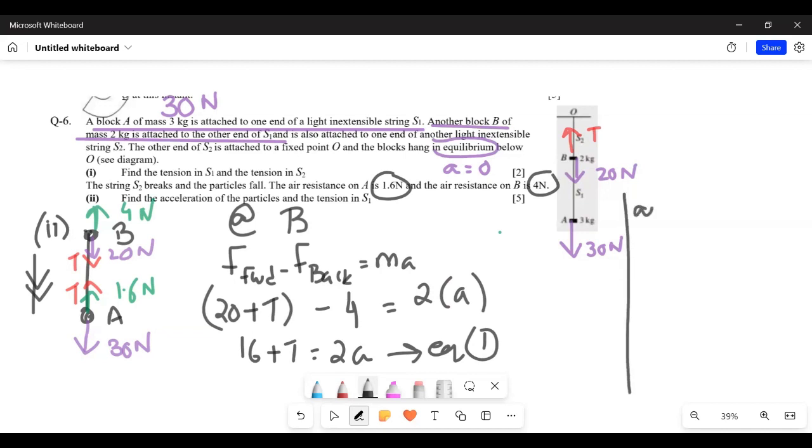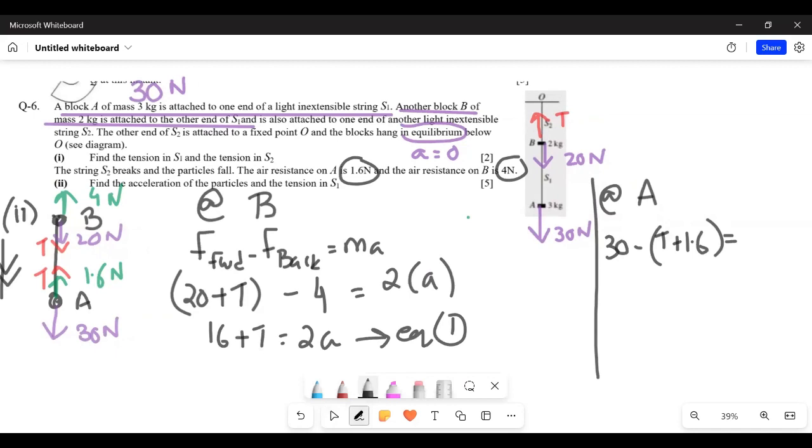Similarly, at A, we have a downward force of 30 newtons, so forward force is 30, minus we have two backward forces, T plus 1.6, equals m a. Mass of A is 3 kgs and acceleration is what we have to find. So this would be 28.4 minus T equals 3a.